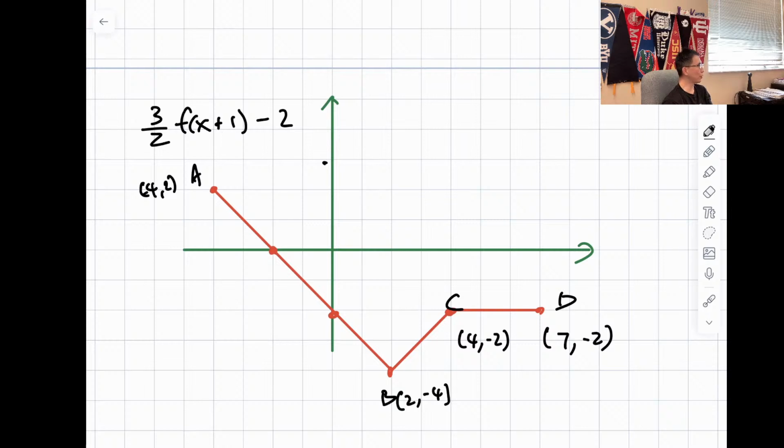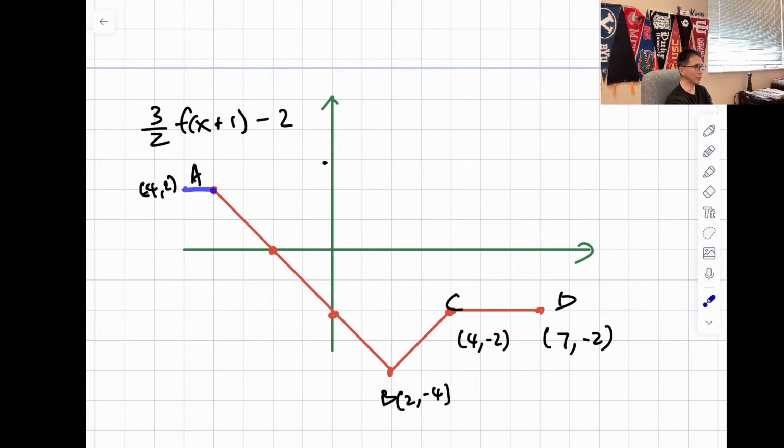So I'm gonna ask 4 volunteers to tell me A prime, B prime, C prime, and D prime. I'll start with A prime. Miranda, can you tell me what A prime is? -5, 1. So you move left.